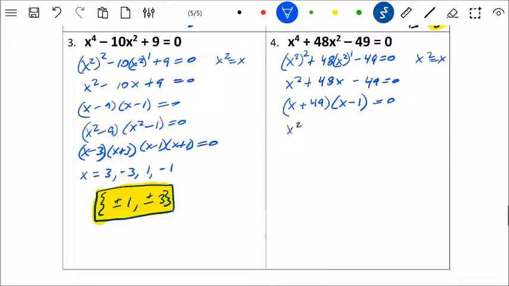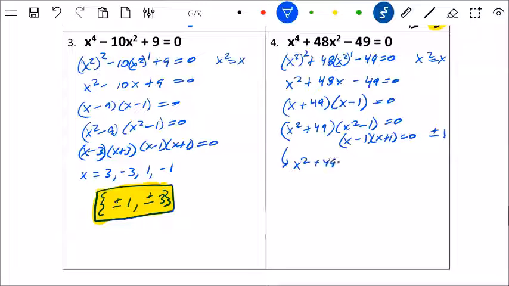Now we'll put the x squareds back in. So this one's easy as x minus 1 and x plus 1. So we have plus or minus 1 right now as part of our answer. And then this one we'll do x squared plus 49 equals 0. x squared equals negative 49.